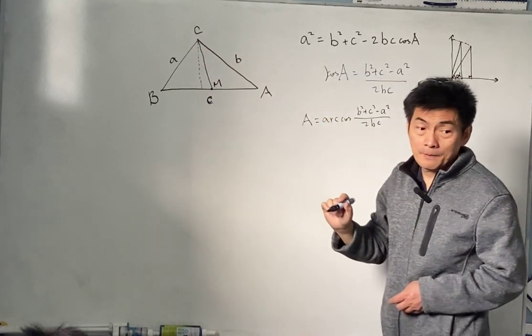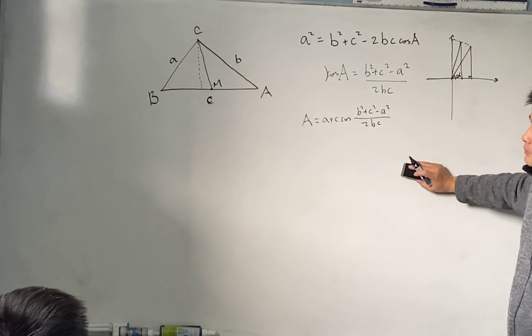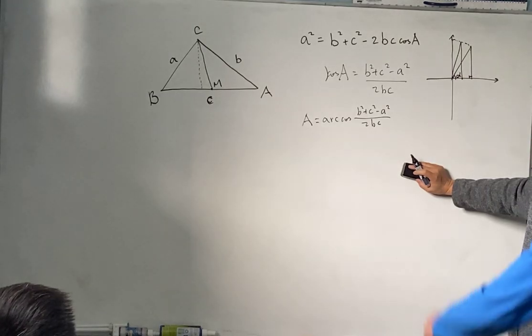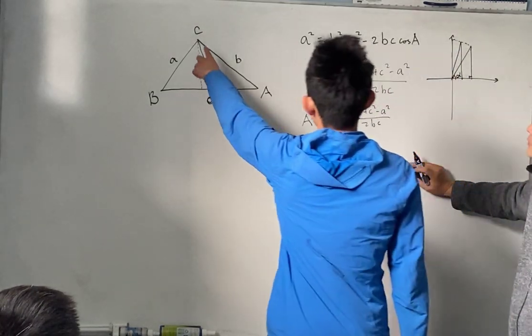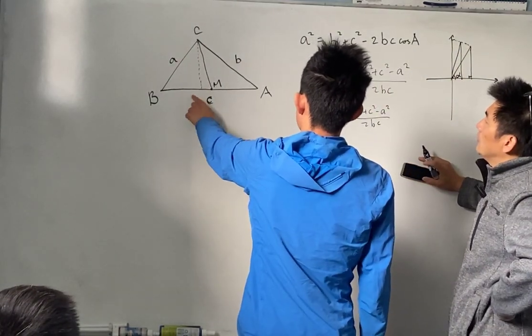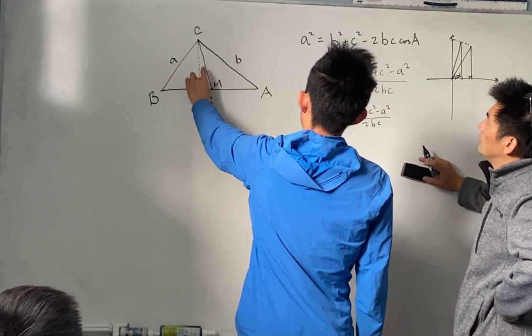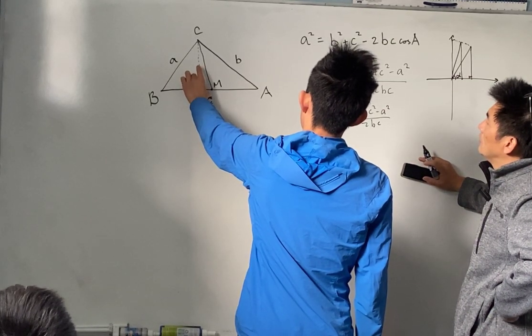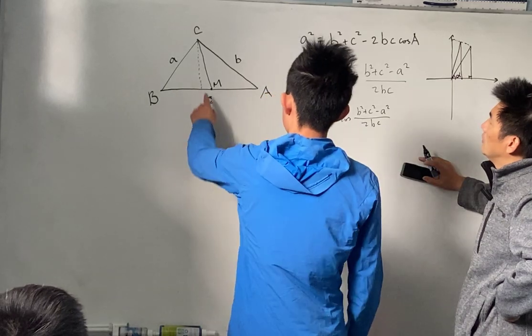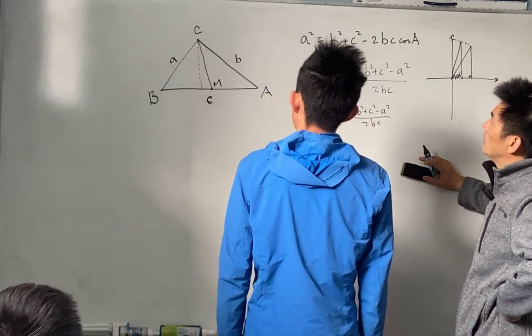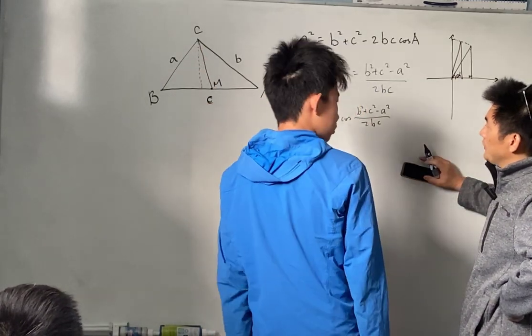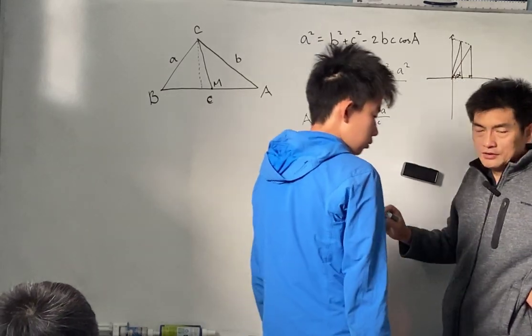Because you know H and you know this piece, then you'll know this piece, and then you know this angle, you'll know that angle, and then this angle. Yeah, that's right.